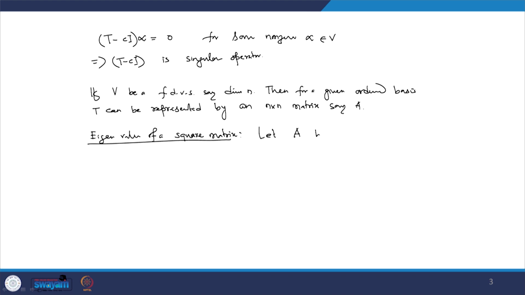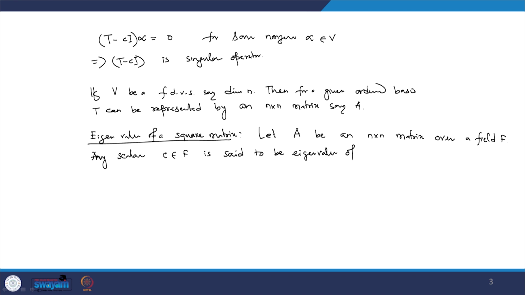Let A be an n cross n matrix over a field, say capital F. Any scalar C belonging to capital F is said to be an eigenvalue of A provided there exists a non-zero column vector alpha such that A alpha equals C alpha.